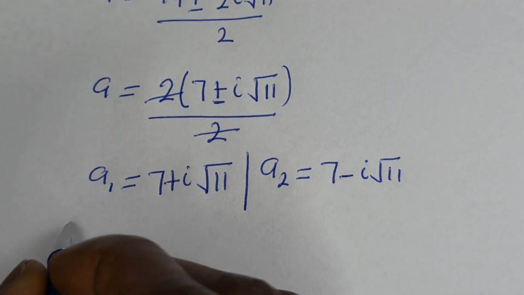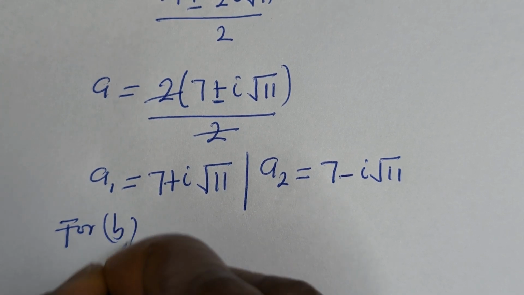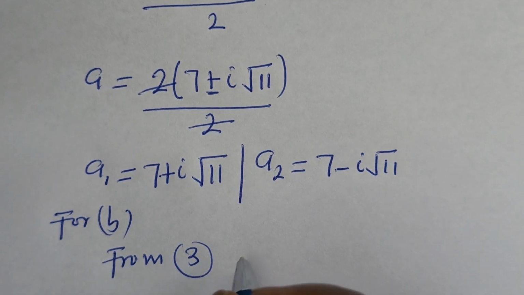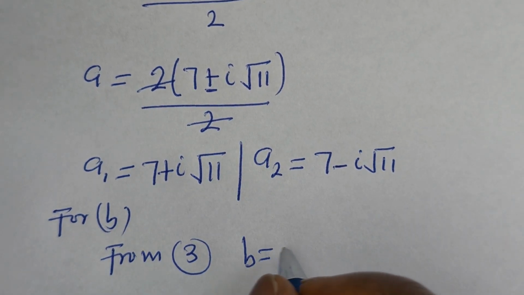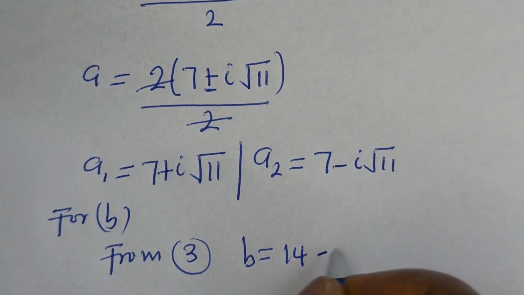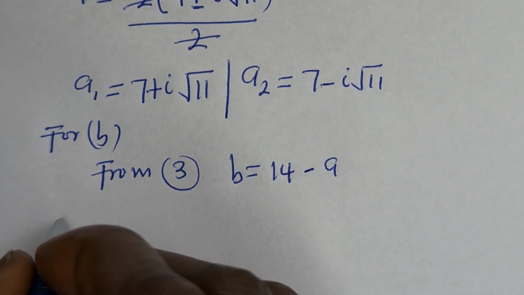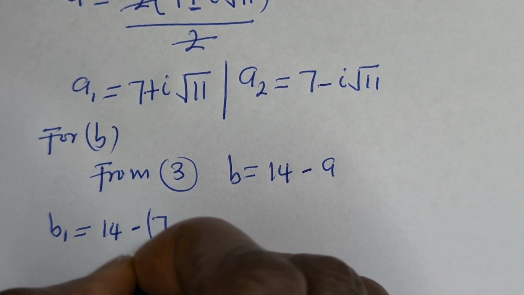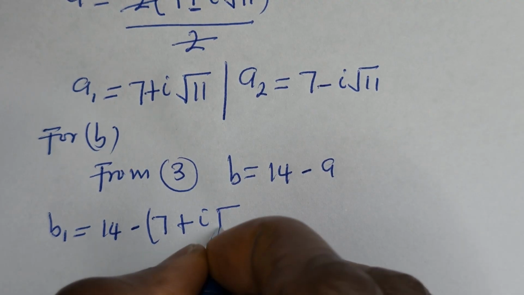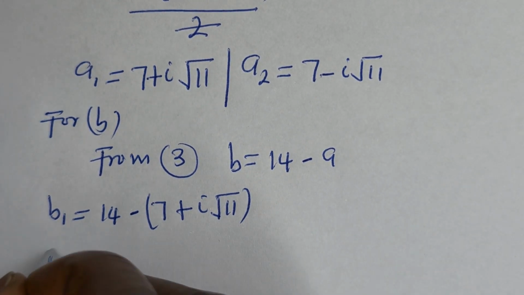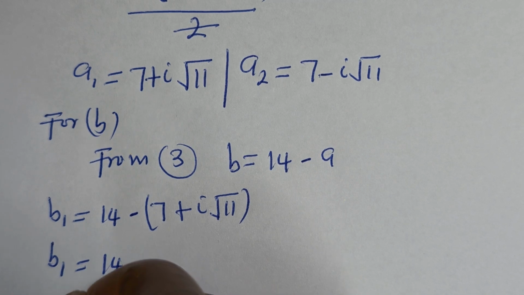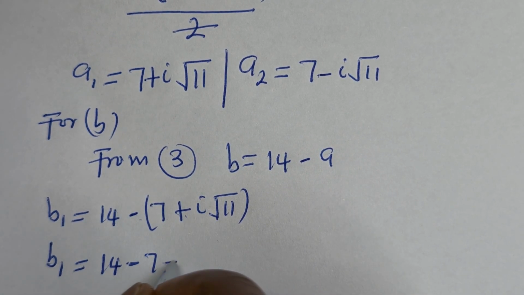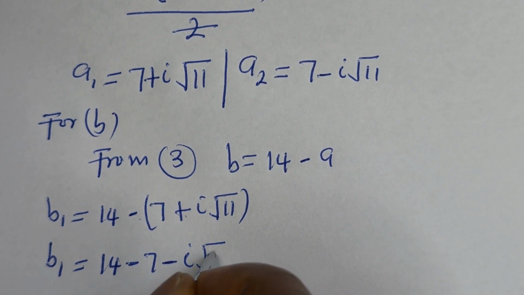To solve for B1 and B2, from equation 3, B is equal to 14 minus A. B1 is equal to 14 minus A1, which is 7 plus I square root of 11. B1 is equal to 14 minus times 7, this is minus 7, minus times plus becomes minus, then I square root of 11.